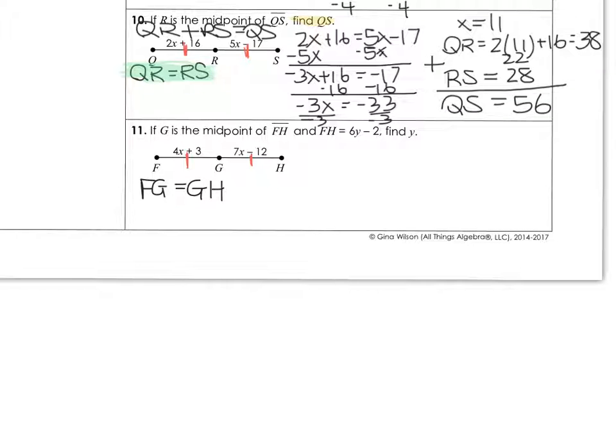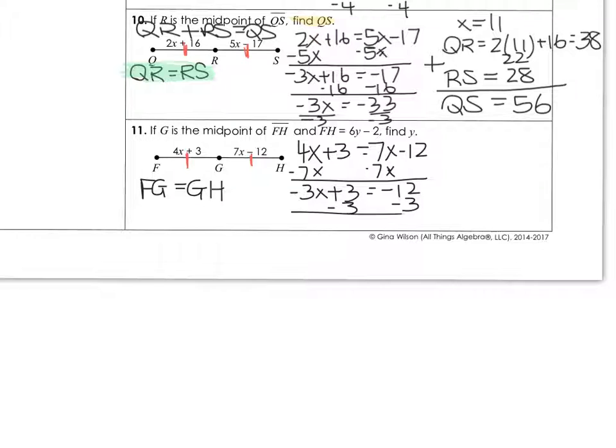So let's find our x. Subtract 3. Divide by negative 3.